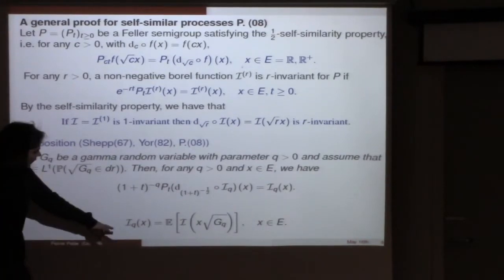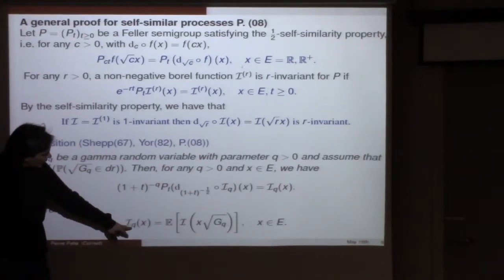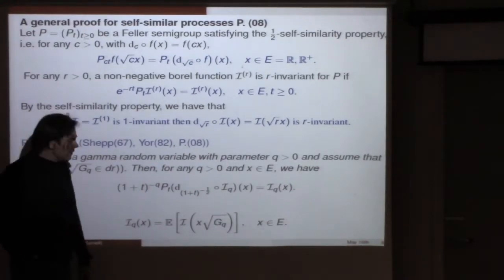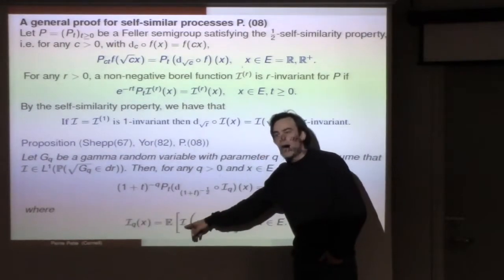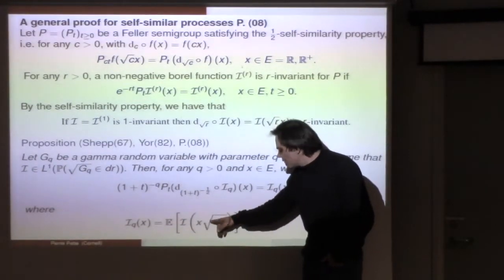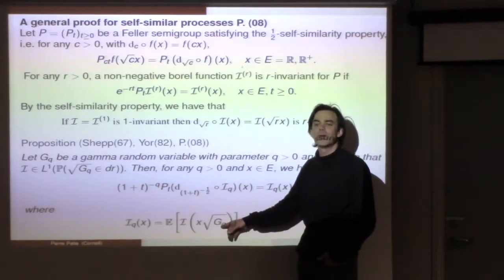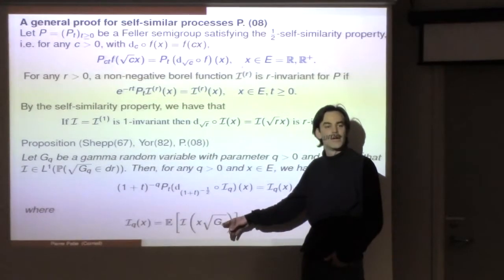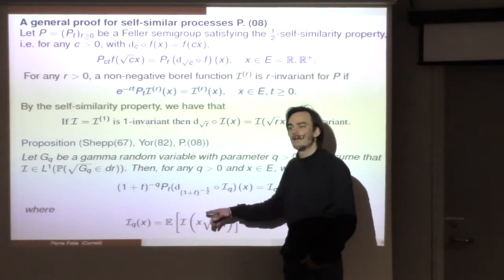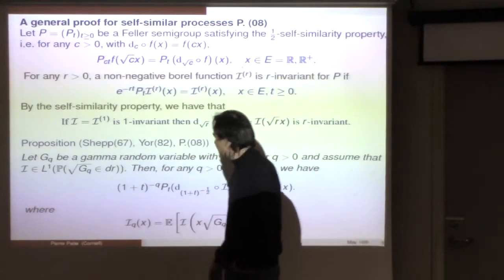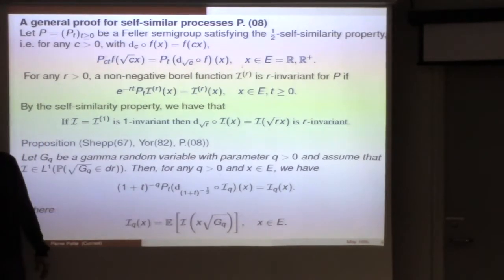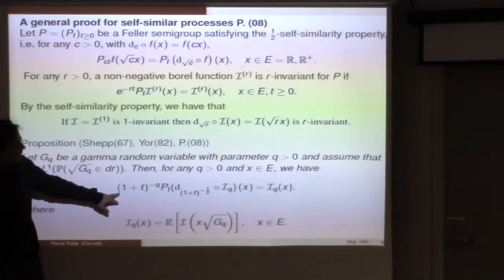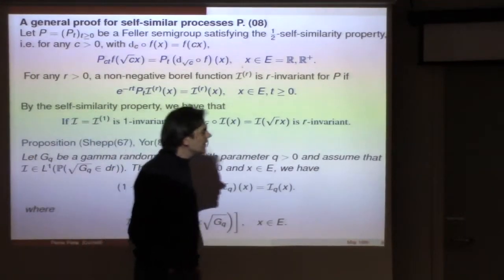Then I construct a function I_q of x, which is simply the image of my one-invariant function I with respect to the multiplicative kernel associated to the square root of a gamma random variable. There is a simple expression, I will mention it later. It turns out that this function I_q is a time-space invariant function in the sense that it satisfies this identity here. So what is the meaning of that?